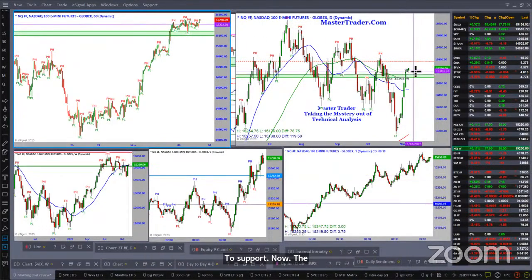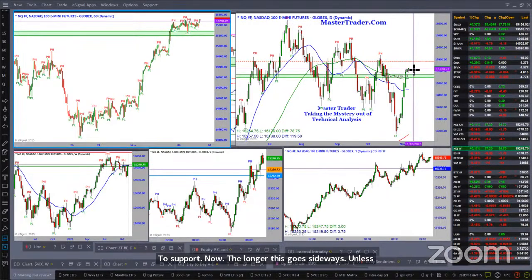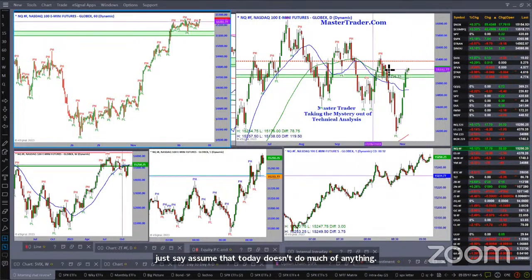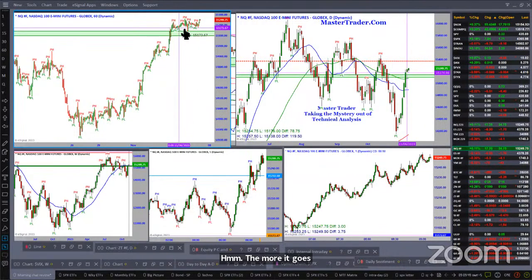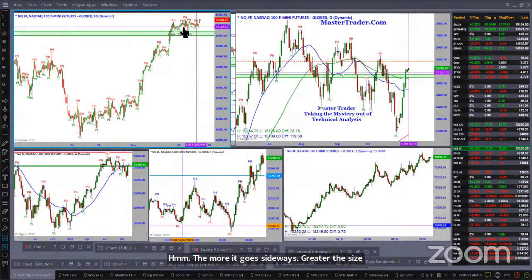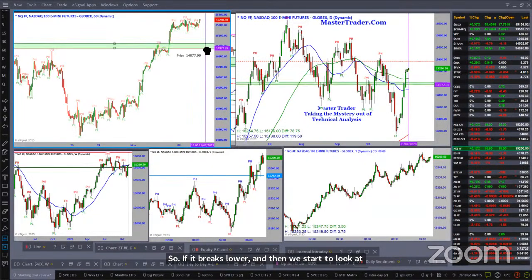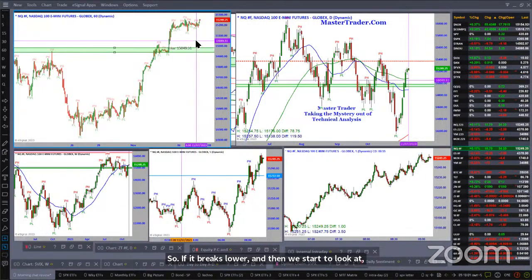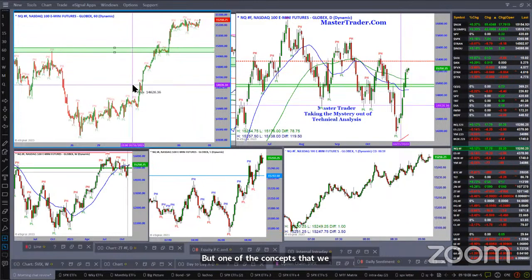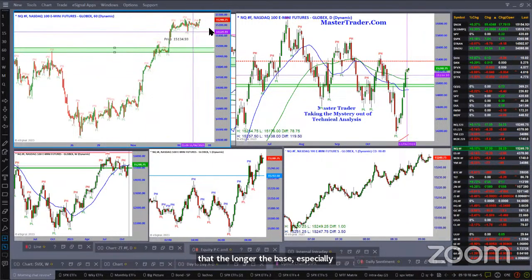the longer this goes sideways, and let's just assume that today doesn't do much of anything, the more it goes sideways, the greater the size of the intraday consolidation, obviously. So if it breaks lower, and of course, then we start to look at support levels below. But one of the concepts that we teach and review is that the longer the base, especially after a run like this, what's going on here?